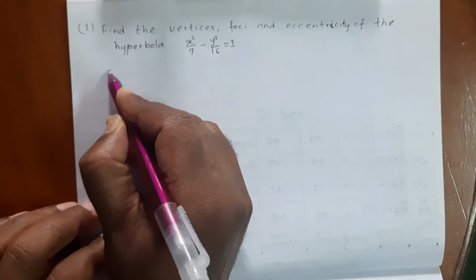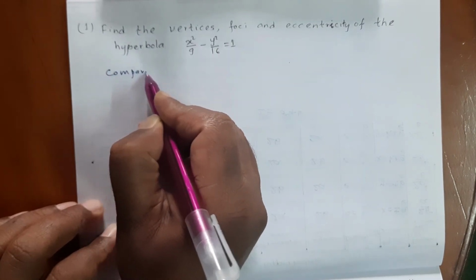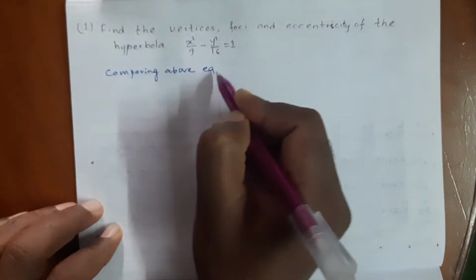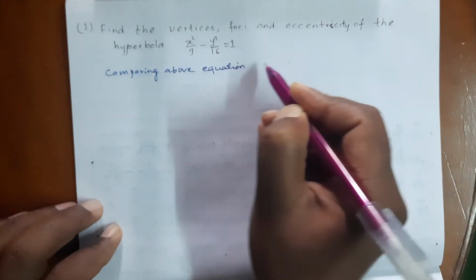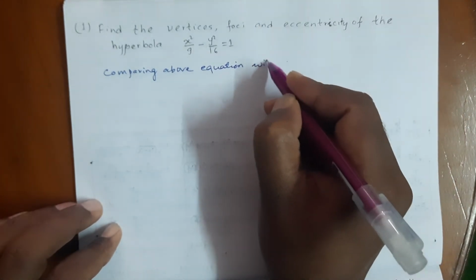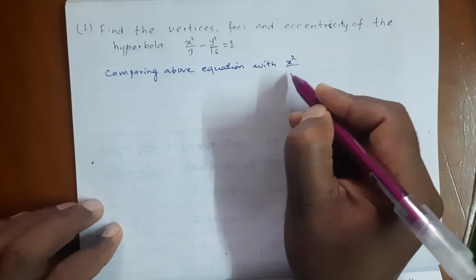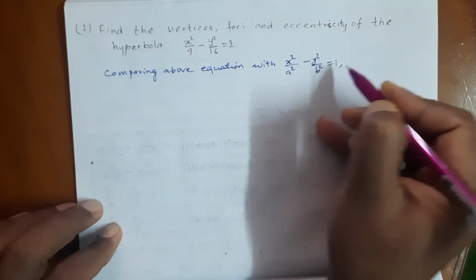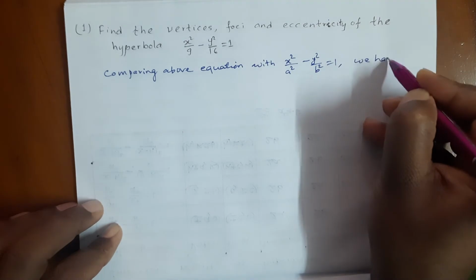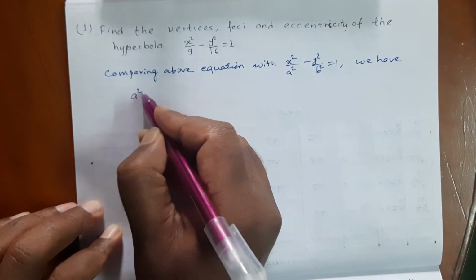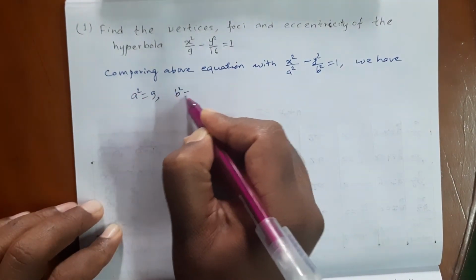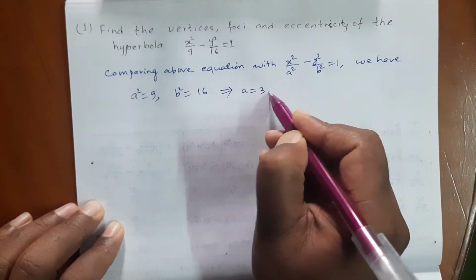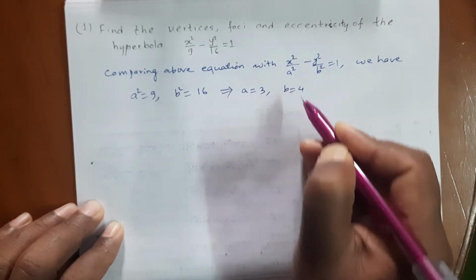Comparing the above equation with x square over a square minus y square over b square equals 1, we have a square equals 9, b square equals 16. This implies a equals 3, b equals 4.